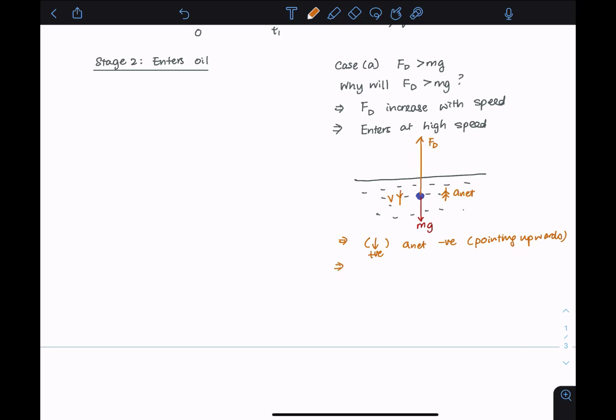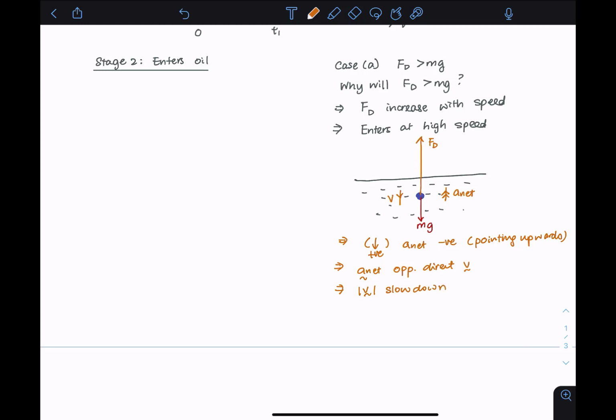Because your net force is in the opposite direction to the velocity, the object will slow down, and the speed will decrease.